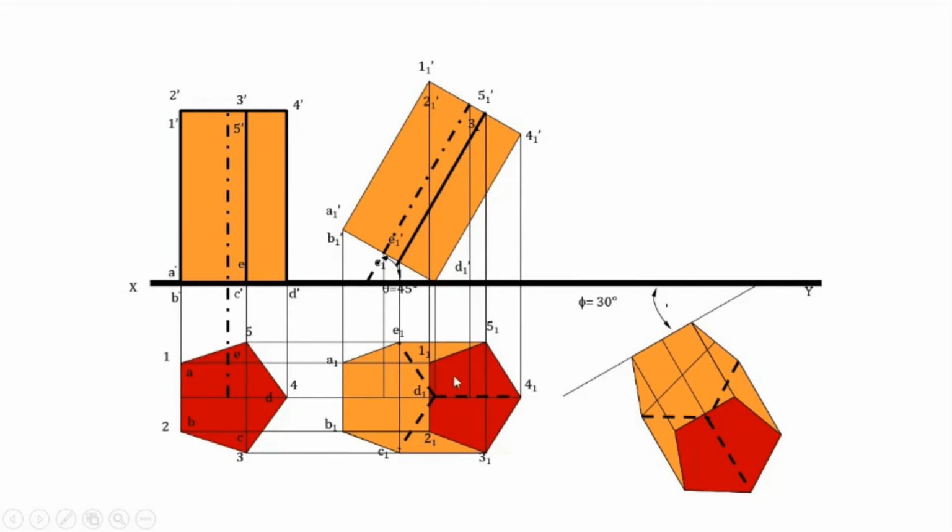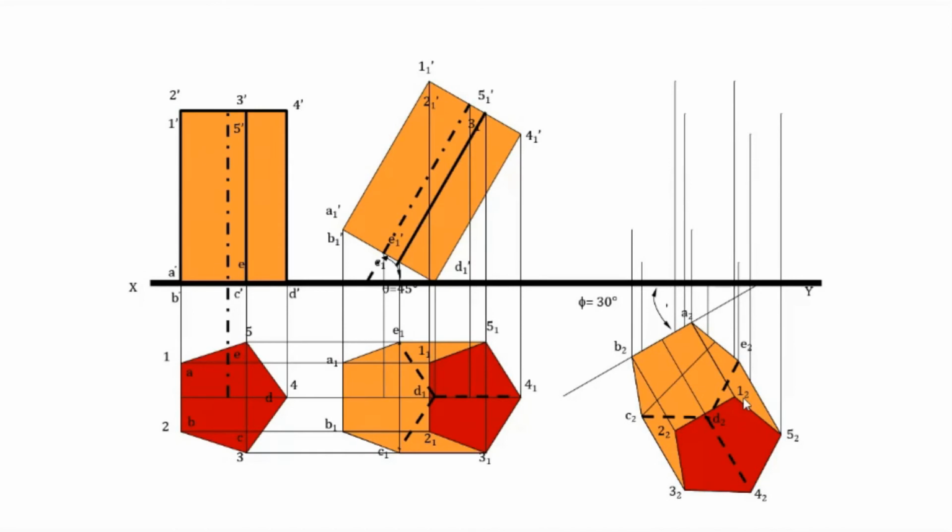That way you can reproduce this one. Then from this top view, you draw projectors to get the front view, and from the second front view, you draw the locus.